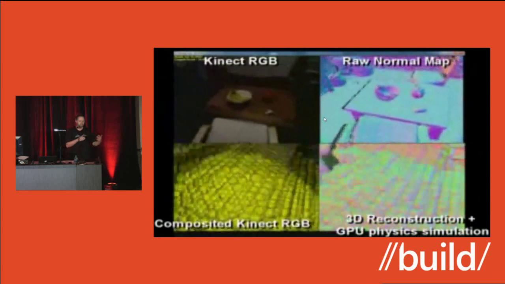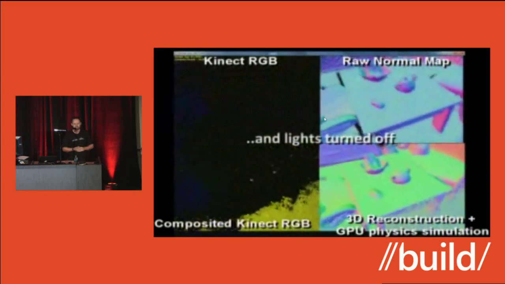Because we have IR, you're also able to do that kind of thing in the dark, which we'll see in just a second. Now, even though you're not seeing as much of the data coming in on the raw sensor, we still remember where the colors were, and we're still able to show what the room really looks like.